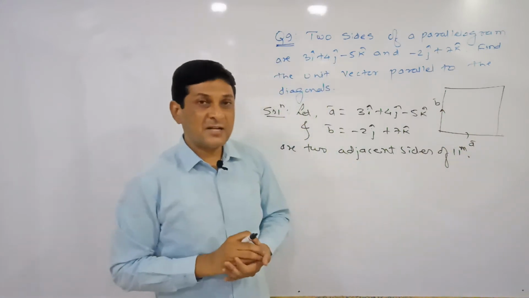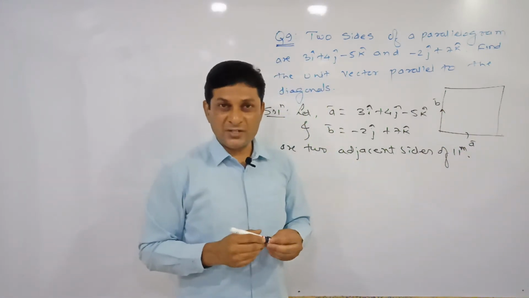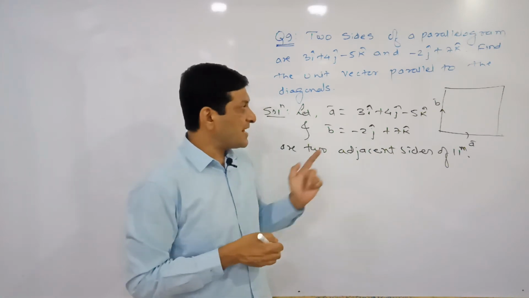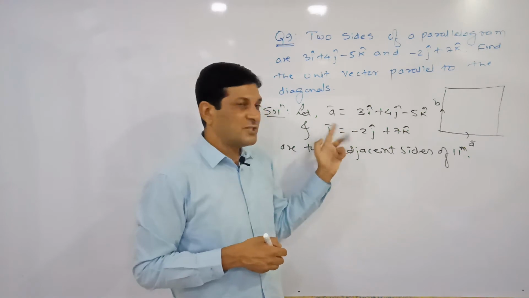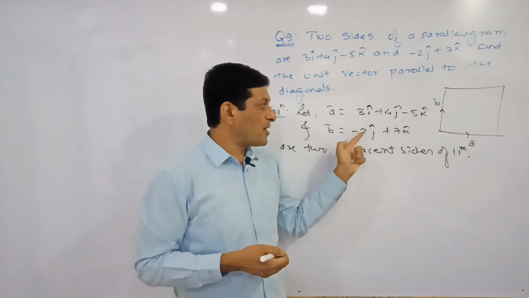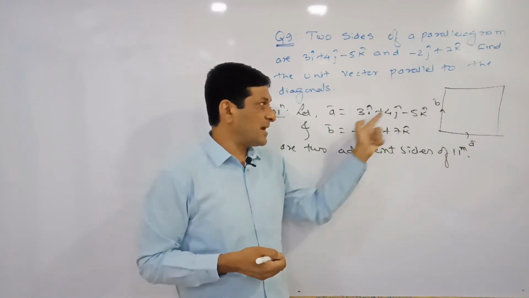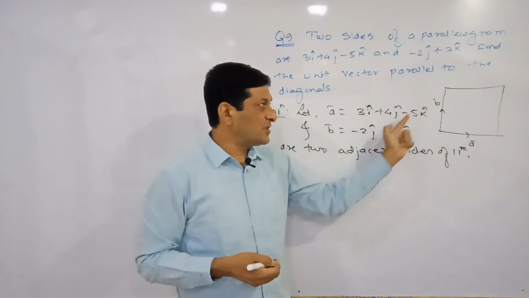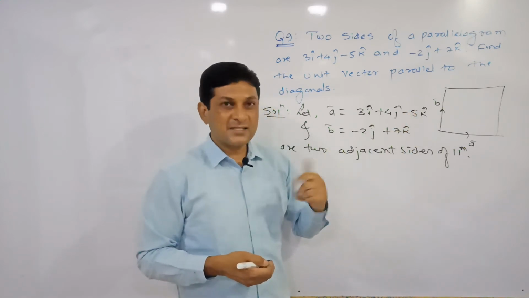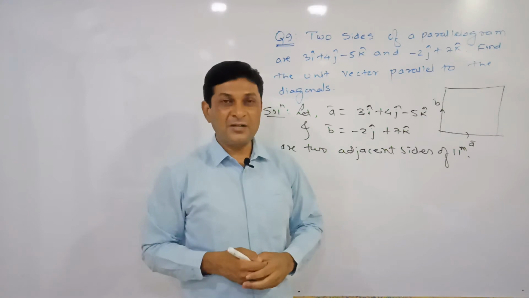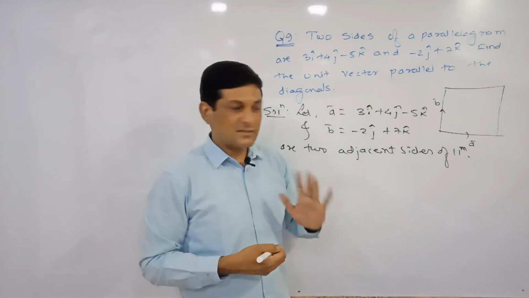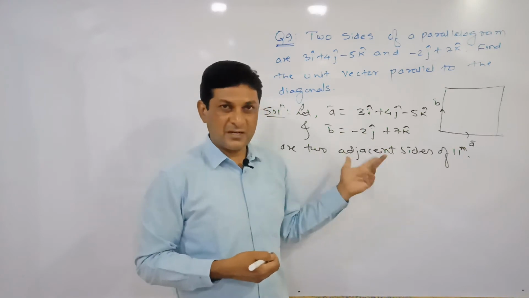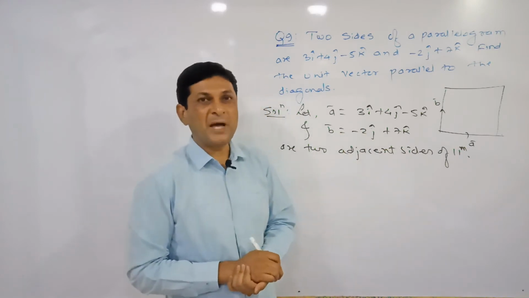But we can say that vectors are parallel if their direction ratios are in proportion. What is the direction ratio? The ratio of the coefficient of i cap is 3 upon 0, which is undefined, and 4 upon minus 2, the ratio of the coefficient of j cap, is minus 2, and this ratio is minus 5 by 7. So the ratios are not in proportion. That's why these are definitely not opposite sides. So we can say that these two vectors represent adjacent sides of a parallelogram.